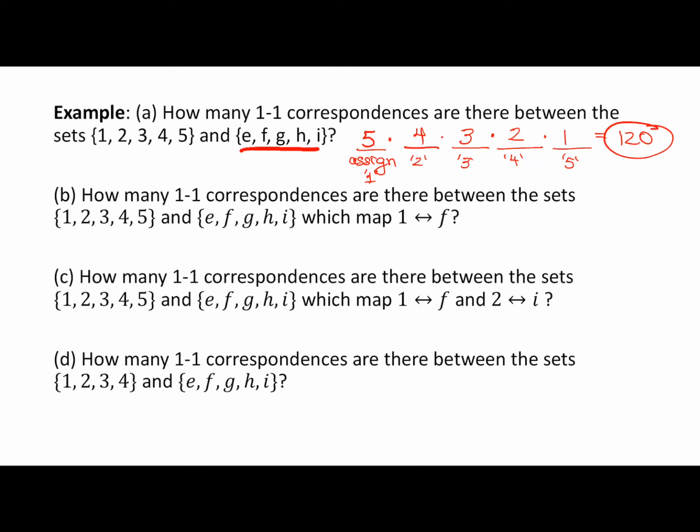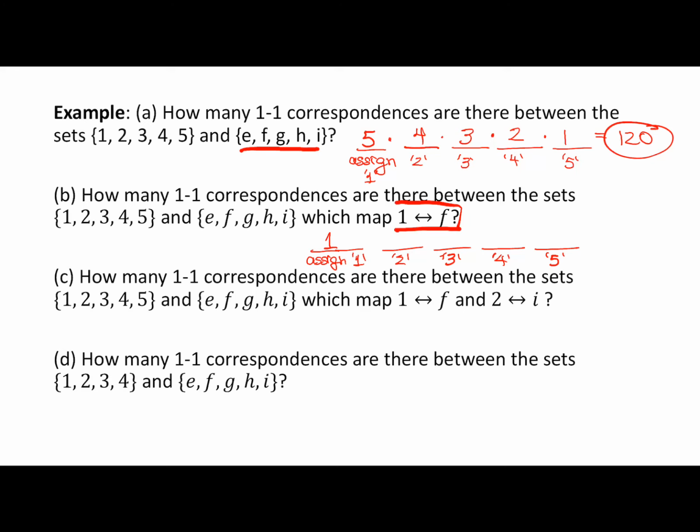What about correspondences between the same two sets where 1 is mapped to F? Well, I'm going to have the same start here, so I need to assign 1 and 2, 3, 4, 5. But when I go to assign 1, I only have 1 choice. It goes to F, right?